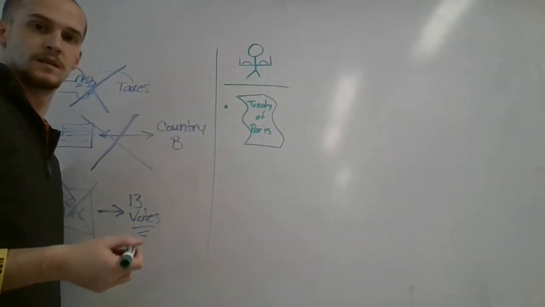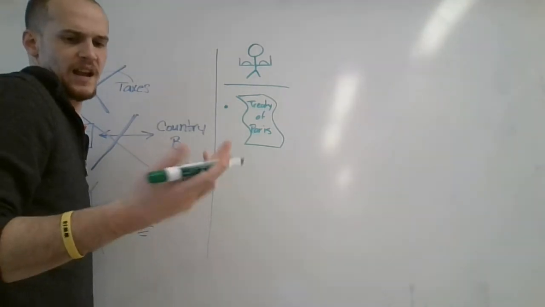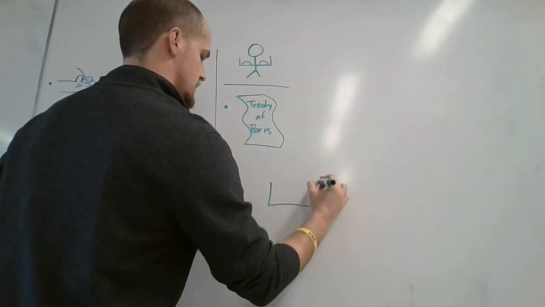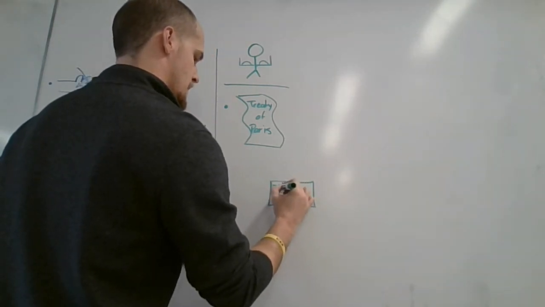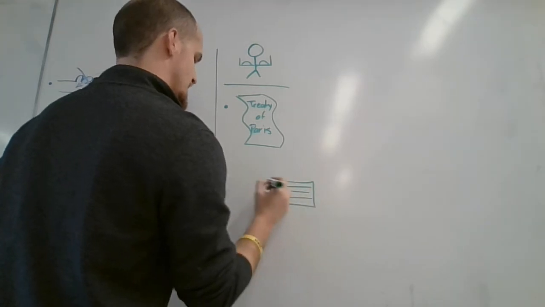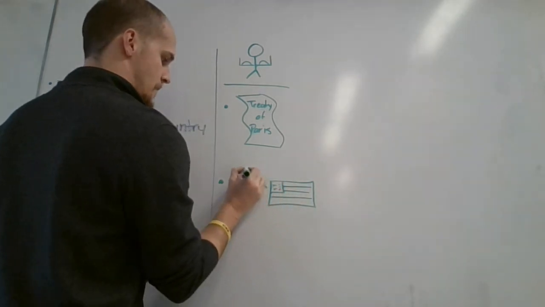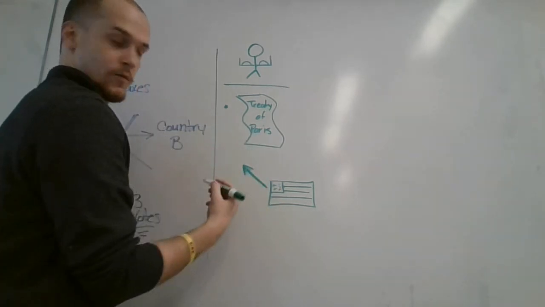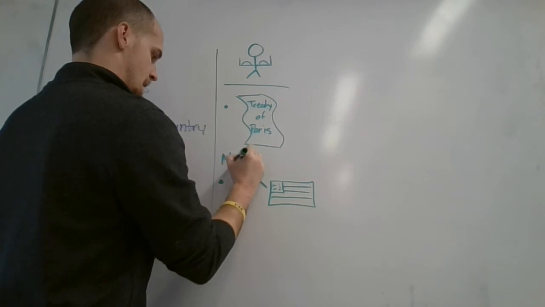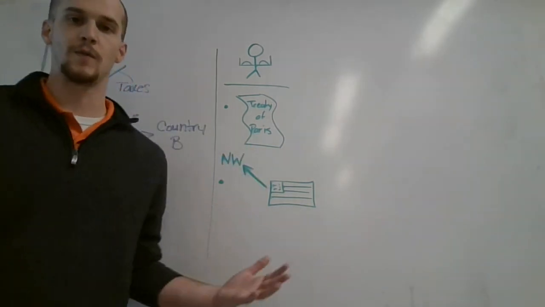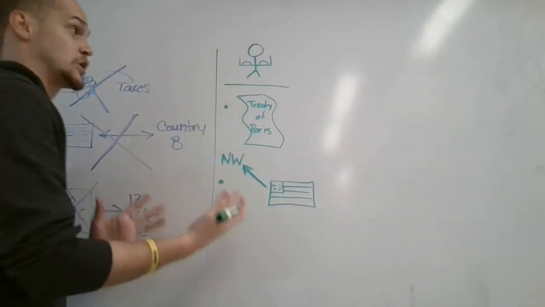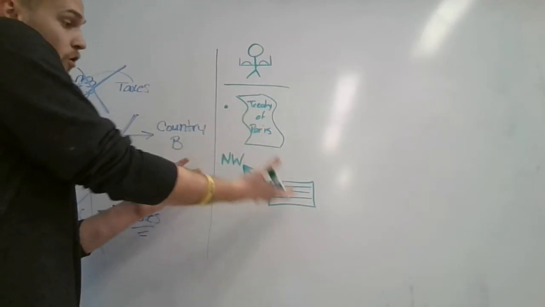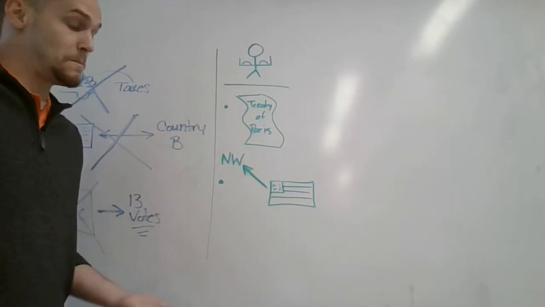So that's good. It kind of stopped the fighting. Number two, it set up a plan for the United States to advance in this direction, which is northwest. And you see what's called the Northwest Ordinance come into play. And so these are two strengths of the Articles of Confederation. It ended a war. The United States started to expand and get bigger.